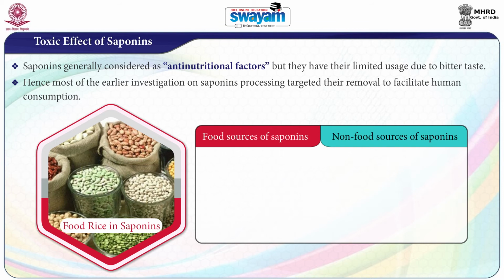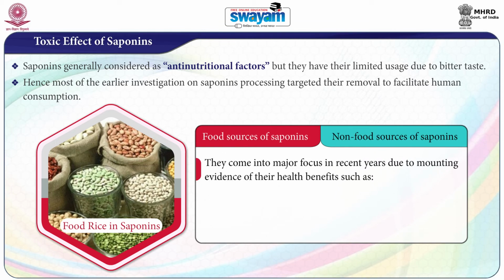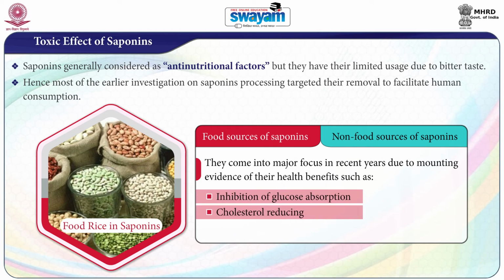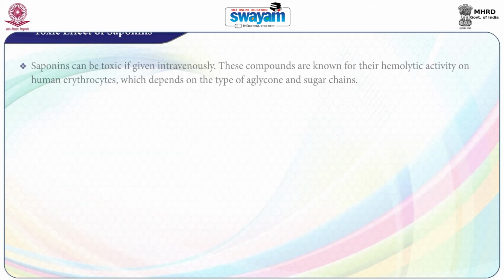But both food and non-food sources of saponins have come into major focus in recent years due to mounting evidence of their health benefits, such as inhibition of glucose absorption, cholesterol reducing and anti-cancer properties.